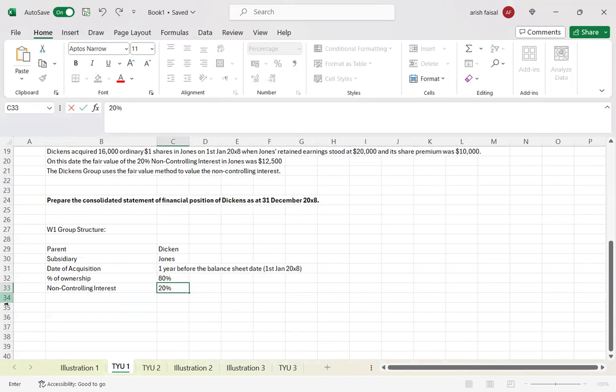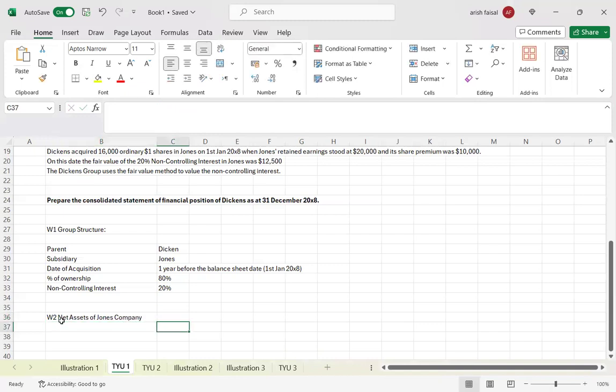So now see, working two would be to figure out the net assets of Jones company. This is the date of acquisition. And this is going to be the date of balance sheet.